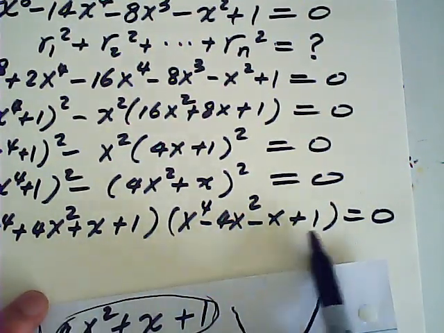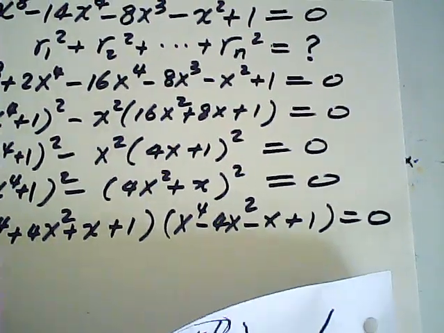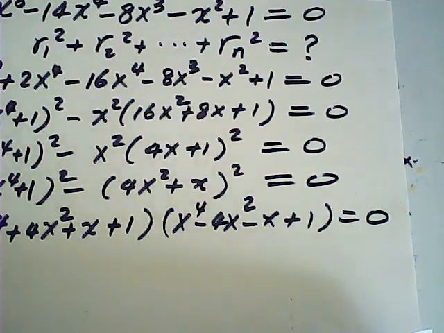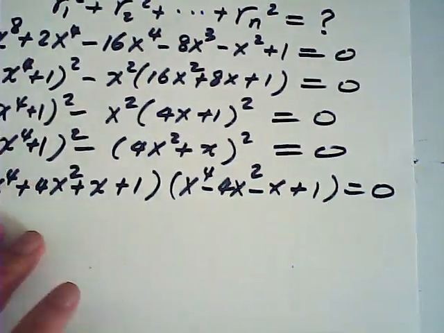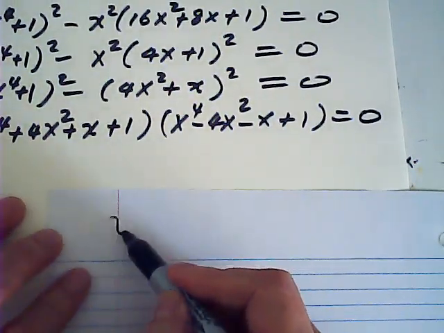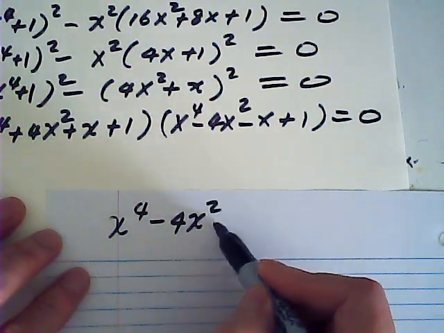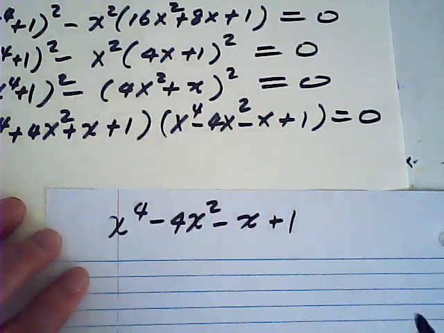So we analyze this polynomial. Okay. Now the picture is a little better. So we analyze this x fourth minus 4x squared minus x plus 1.